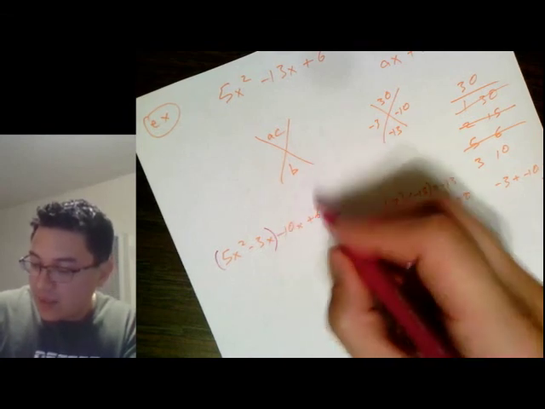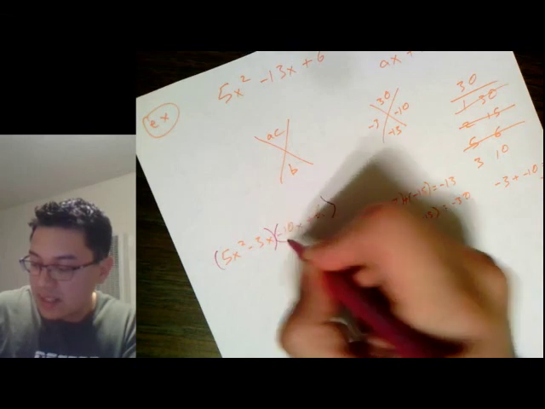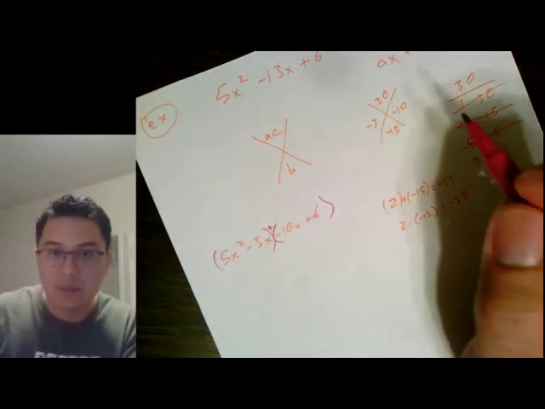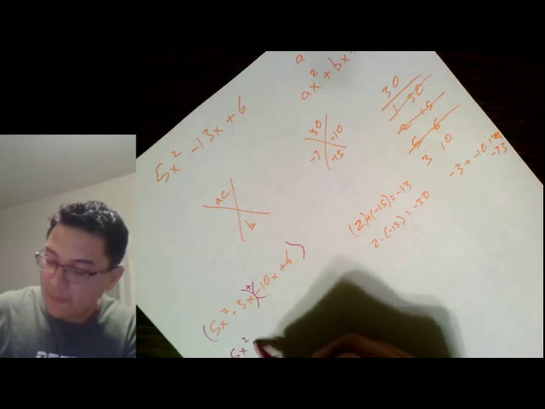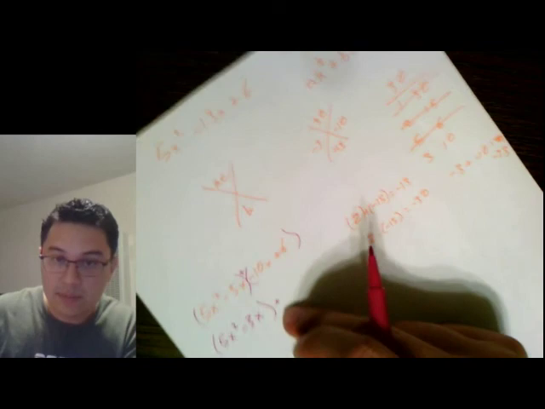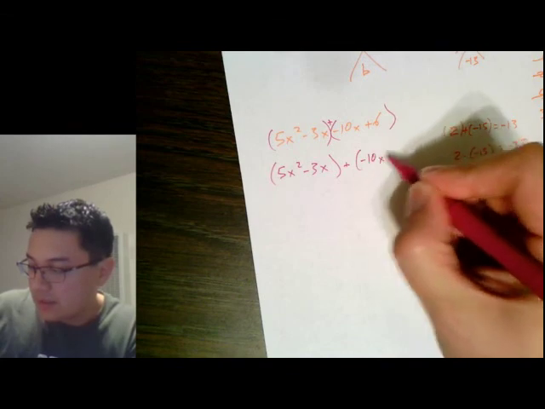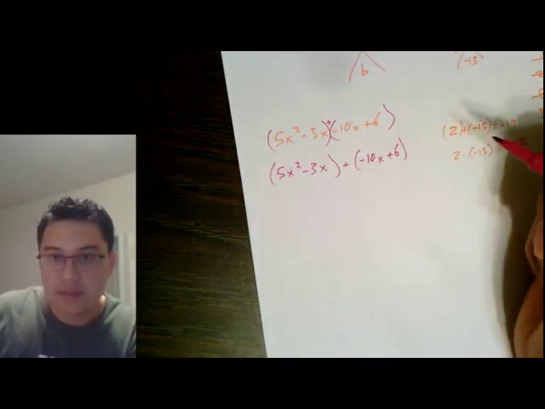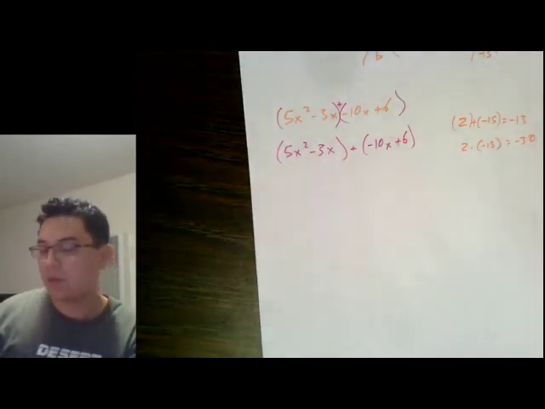I need this to be positive here, so I actually need to keep this negative attached to the 10, and then we're going to add a plus in between. So when you rewrite this, you'll get 5x squared minus 3x plus negative 10x plus 6. Okay, so that's our rewrite form. Always remember to keep a plus in between the two parentheses.